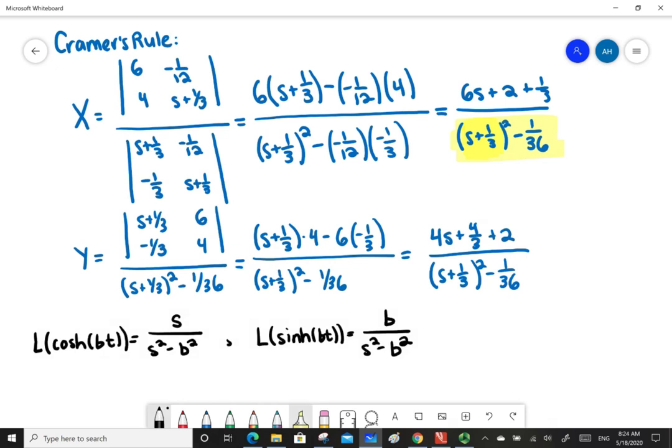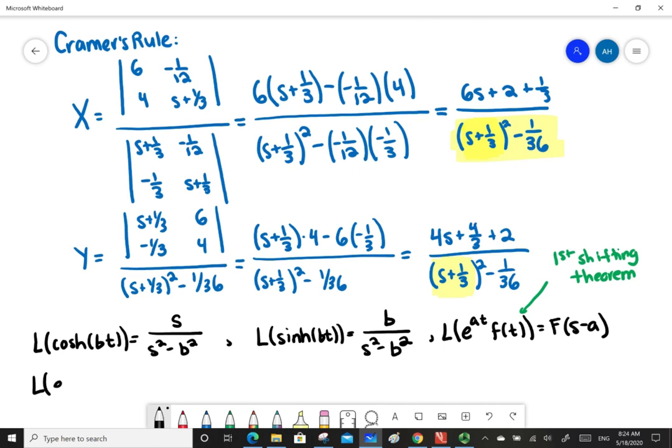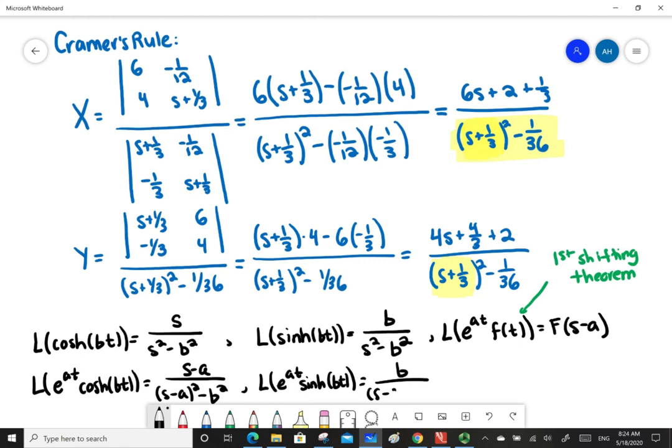But since the denominators have s plus 1/3 squared instead of just s squared, we also need to apply the first shifting theorem to say that the Laplace transform of e to the at times the hyperbolic cosine of bt is s minus a over s minus a squared minus b squared, and the Laplace transform of e to the at times the hyperbolic sine of bt is b over s minus a squared minus b squared.